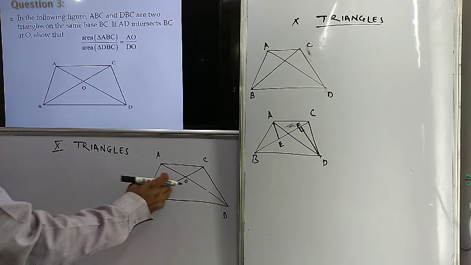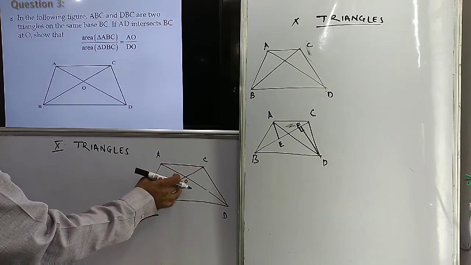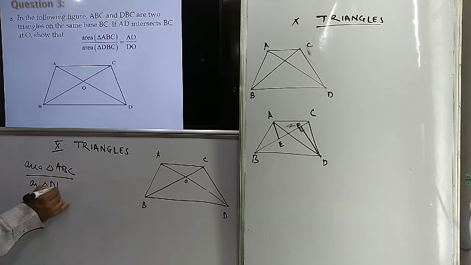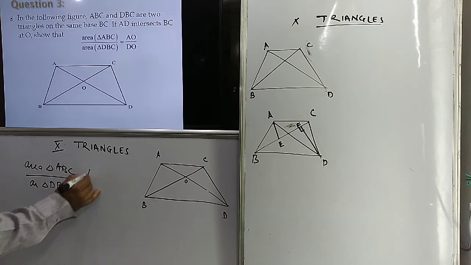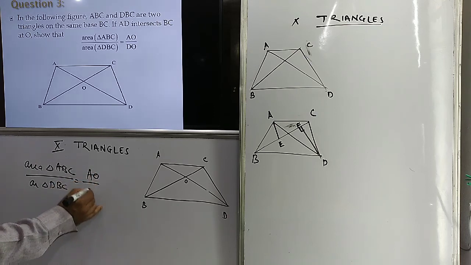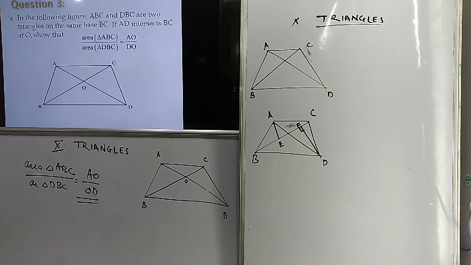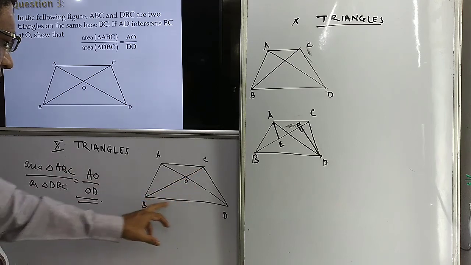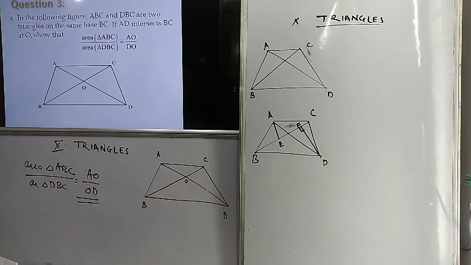These two diagonals intersect each other at O. Now what we have to show is that area of triangle ABC by area of triangle DBC is equal to OA by OD. That is what we want to prove. ABC is this triangle and DBC is this triangle.